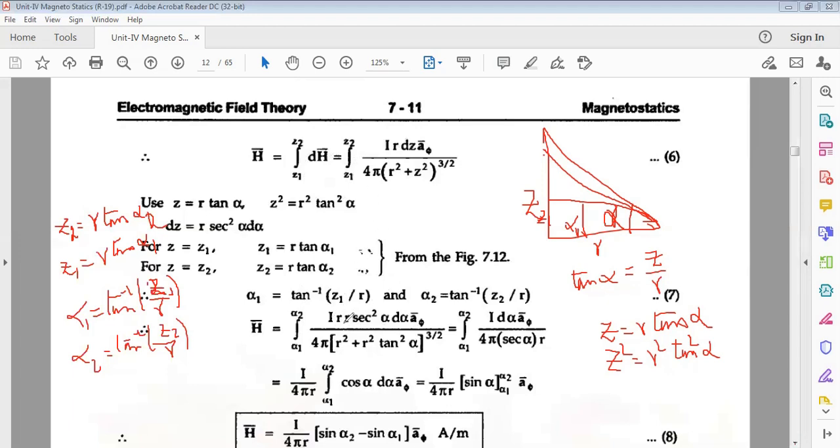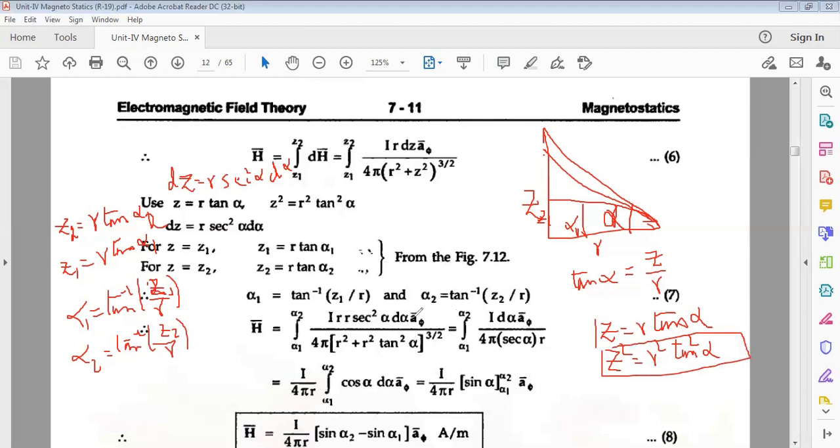I, R is there, and the dz. What is dz? We got dz is equal to R into tan alpha, nothing but R secant square alpha d alpha. Substitute dz as R secant square alpha d alpha. A phi bar is already there, and 4 pi times R square plus Z square. What is Z square? Z square is equal to R square tan square alpha.